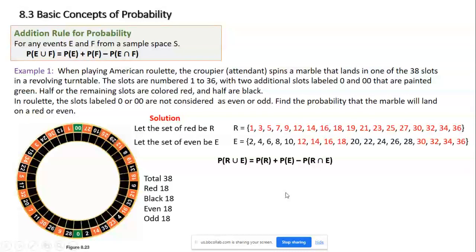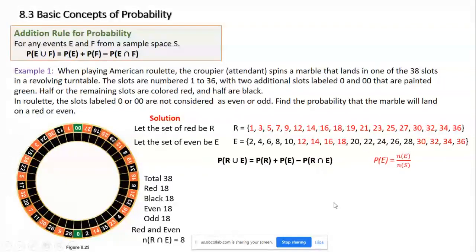Here we have a total of 38 slots. Red are 18, 18 are black, 18 are even, 18 are odd. The intersection of red and even are 8. We can count them, right? The ones that are duplicates are in red. So we have 12, 14, 16, 18, and 30, 32, 34, 36 are our other 4. These are 8. This is our intersection.